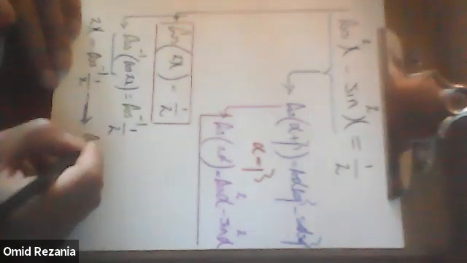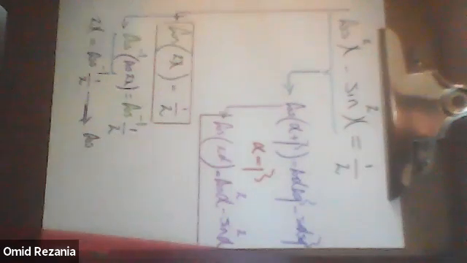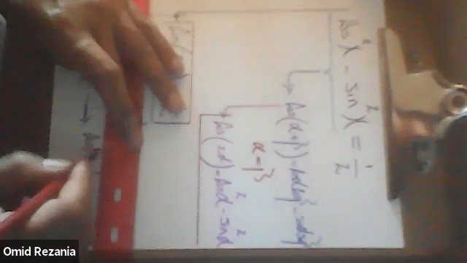We want to ask ourselves the question, what is the angle whose cosine becomes 1 over 2?